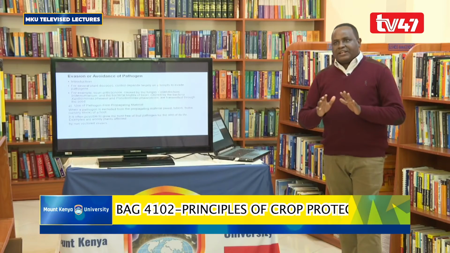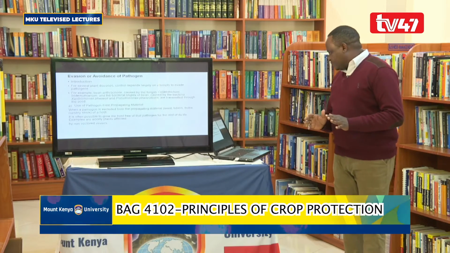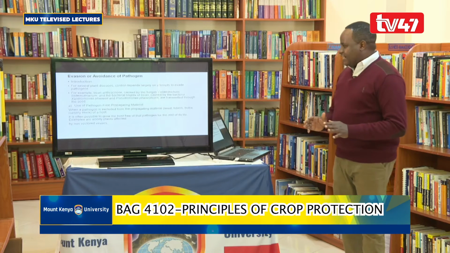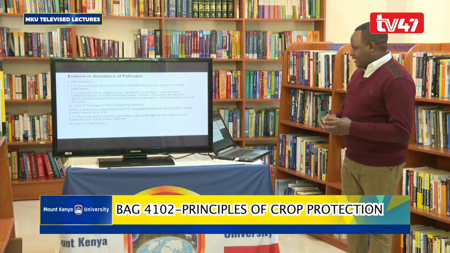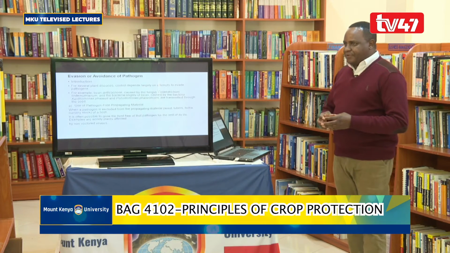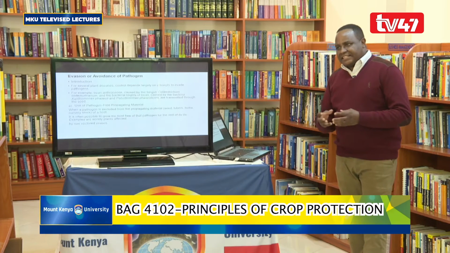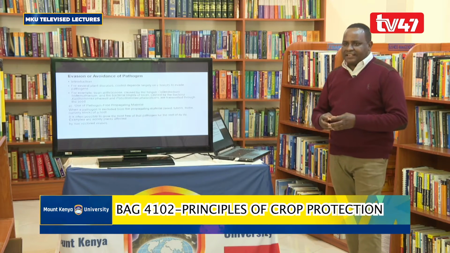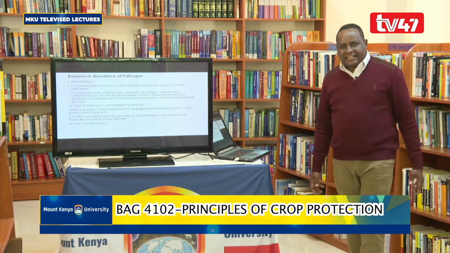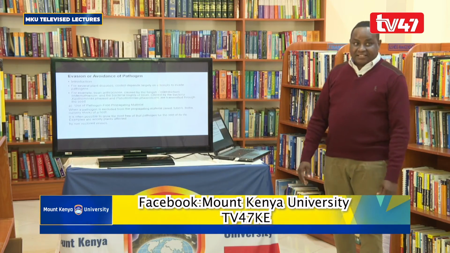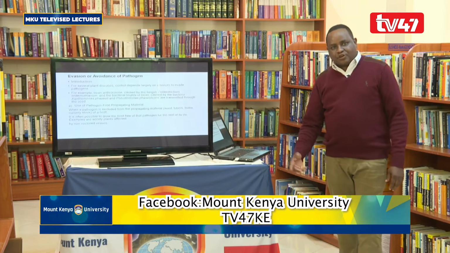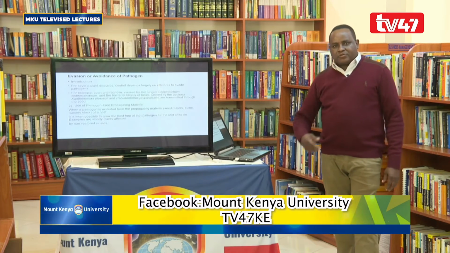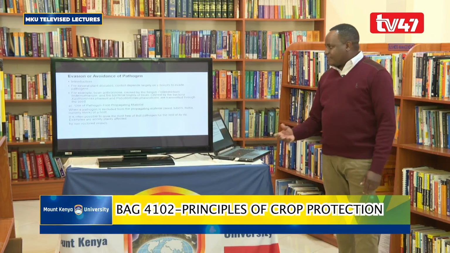Therefore, you ensure that your plants do not come into contact with the pathogens. This is done through, for example, sanitation, growing in a protected environment like greenhouses and glass houses, and even fumigation. There are a number of techniques.